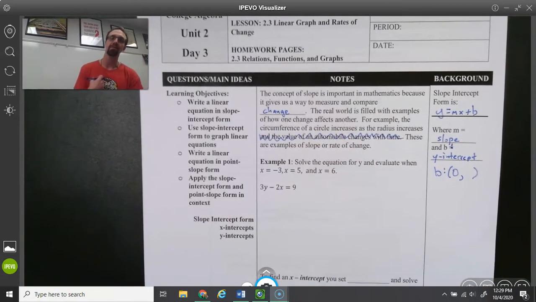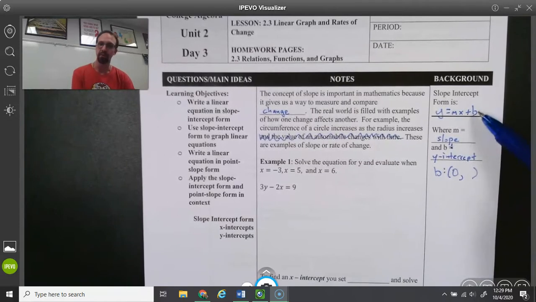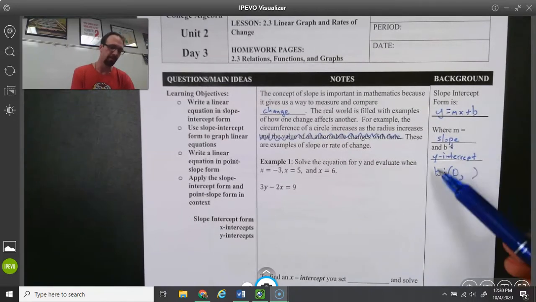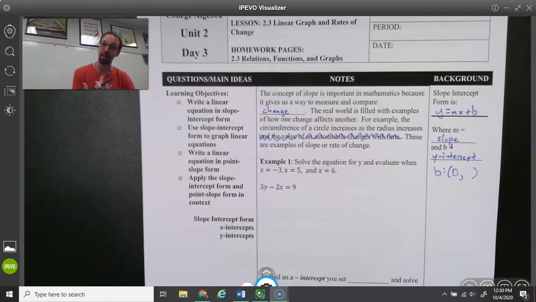A lot of students think that b is a number. It represents a number. In terms of this equation, its location within this formula, it is generally a number, sometimes an integer, sometimes a rational number. But when we talk about it graphically, it's represented by a point. It's not represented graphically as a number, but as an ordered pair or a coordinate.